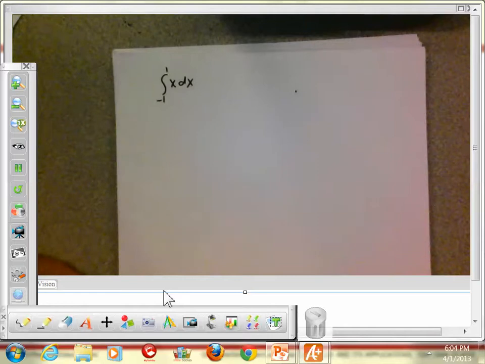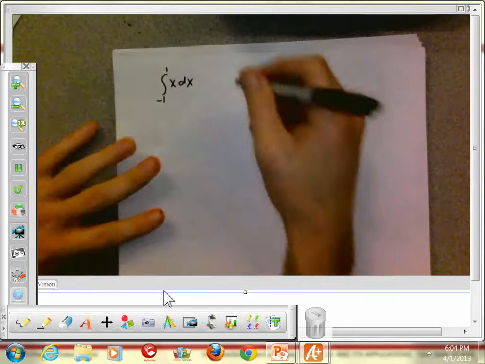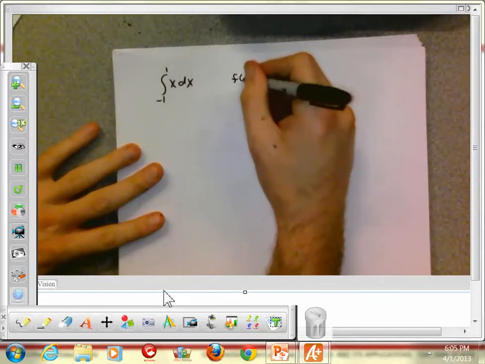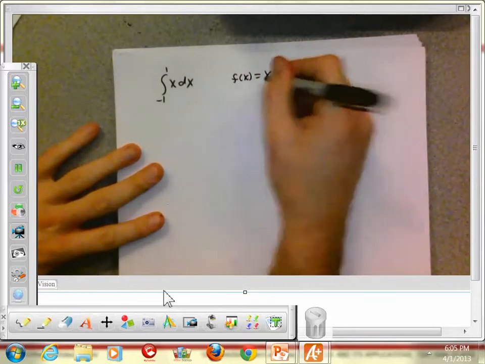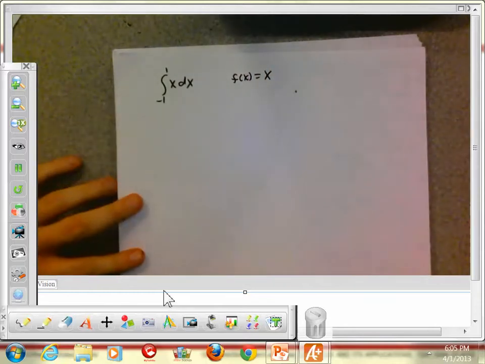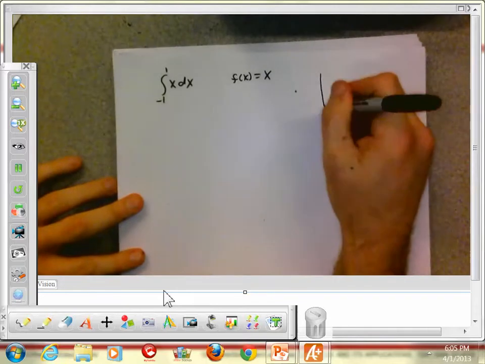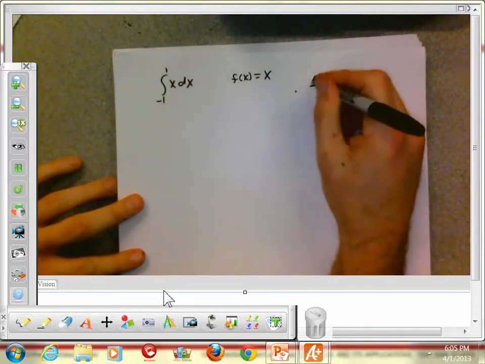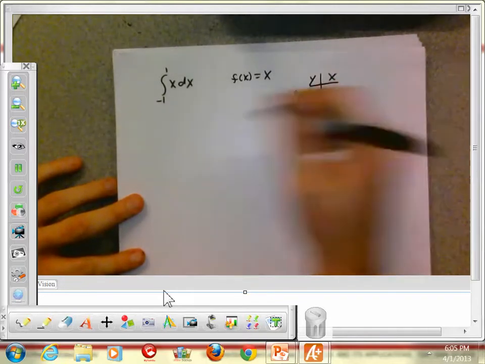X. Well, x is a little bit more. No, well, no, you were right. It's x, but I'm going to graph my function f of x, right? Just f of x equals x, or y equals x if you like. Okay, and I'm going to graph this, and I'm going to go between -1 and 1.